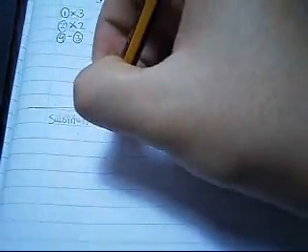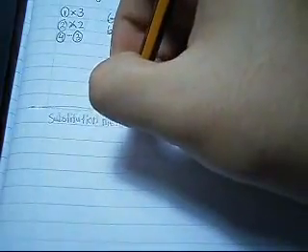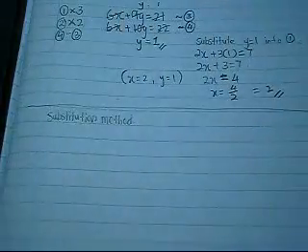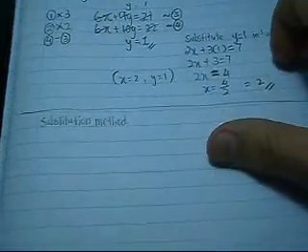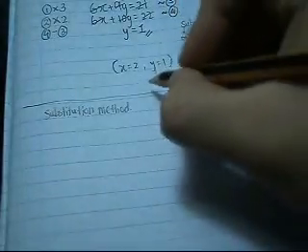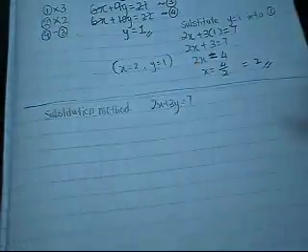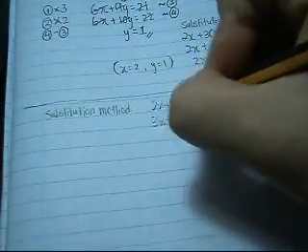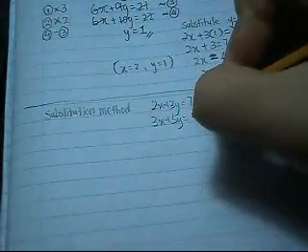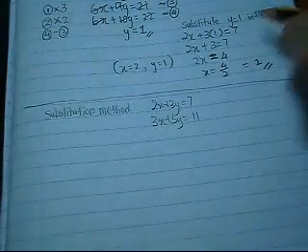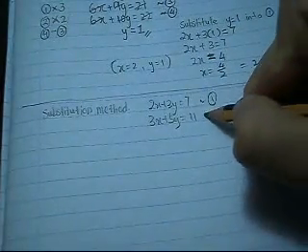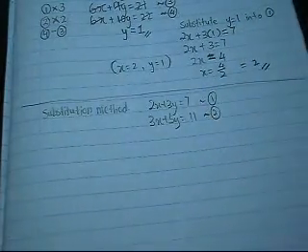With the substitution method, we also copy down the equations 2x plus 3y equals 7 and 3x plus 5y equals 11. We also label them 1 and 2.